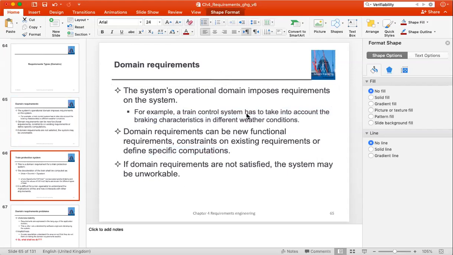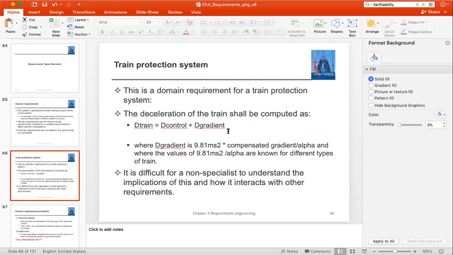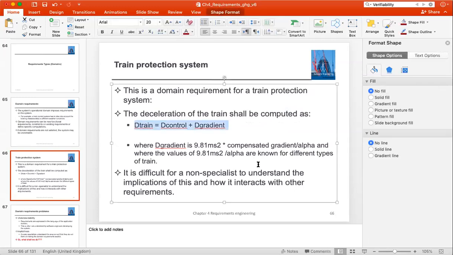They can also define specific computations, where you have particular formulas. For example, here there's a formula about how you calculate the deceleration of a train according to a particular variable, as well as the gradient along which the train is traveling. Again, this comes from the technical domain of rail control.